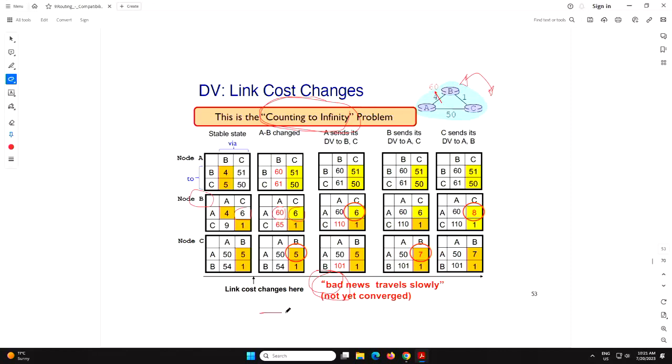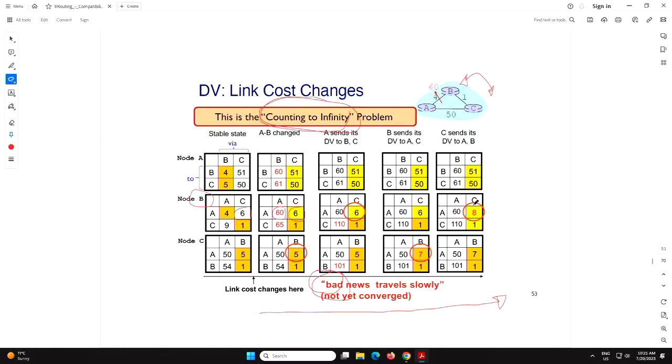So it's very, very slow in making this information known that this link has changed, right? And as a result, there is a loop here, and this loop will continue for a long time until this information gets installed in the routing table.